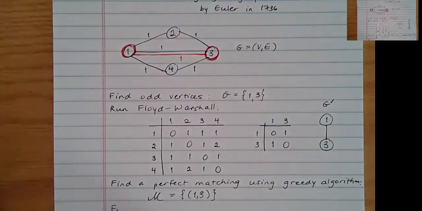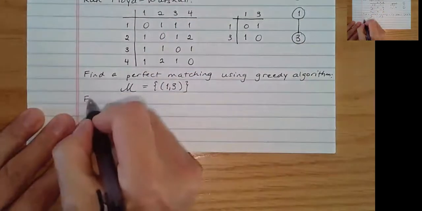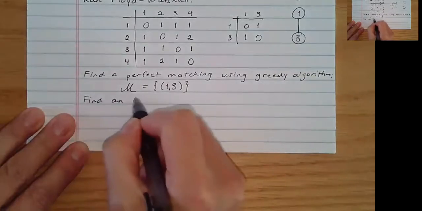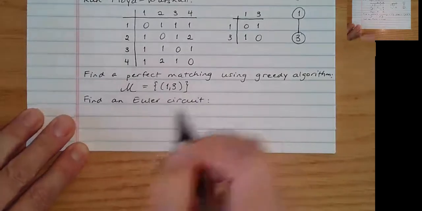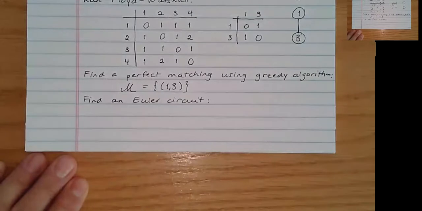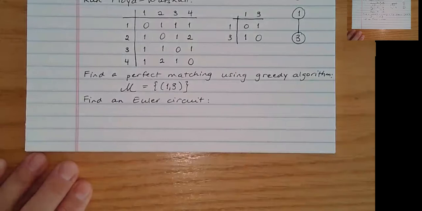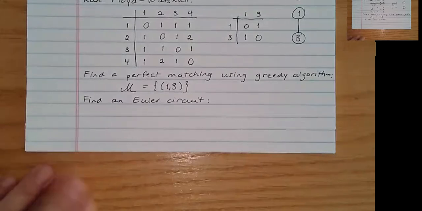So now the algorithm says, find an Euler circuit. And the instructions in the project description say that we're going to start at vertex 1. Now, the reason we're going to start at vertex 1, and the reason we're going to always traverse edges in lexicographic order, is so that we will all generate the same unique output.